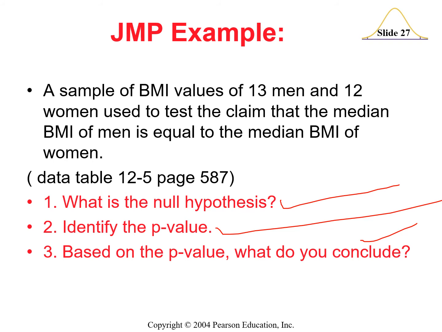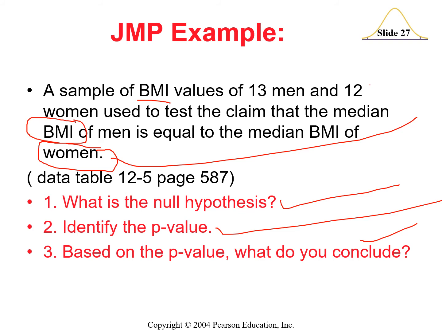A sample of body mass index values of 13 men and 12 women is used to test the claim that the median body mass index of men is equal to the body mass index of women. Here, we are going to test if there is a significant difference in body mass index between a sample of men and women using non-parametric analysis.